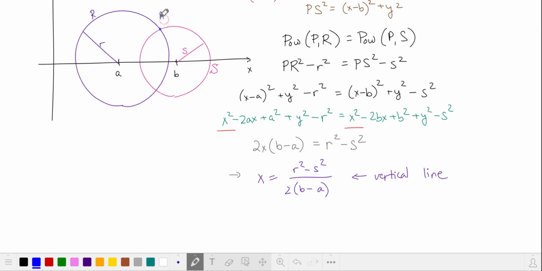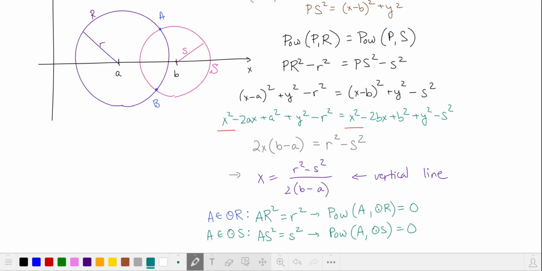Let A and B be the intersecting points of our two circles R and S. Since A is on circle R, the square of the distance from A to R is equal to the square of the radius, so the power of A with respect to circle R is 0. Similarly, since A is on circle S, AS squared is equal to s squared, so the power of A with respect to circle S is 0.